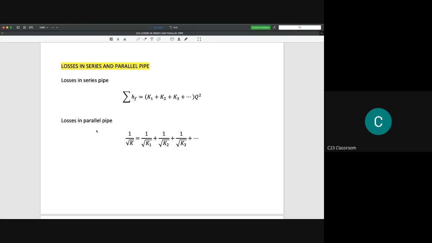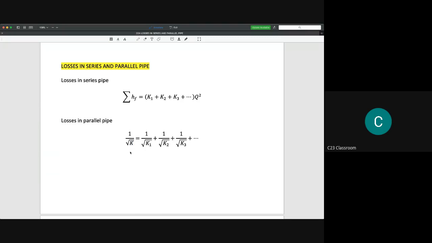However, for the parallel pipe, the calculation to find the resistance is shown like this. You first need to calculate the total 1 over square root K, and then solve these terms to get the value of K alone.